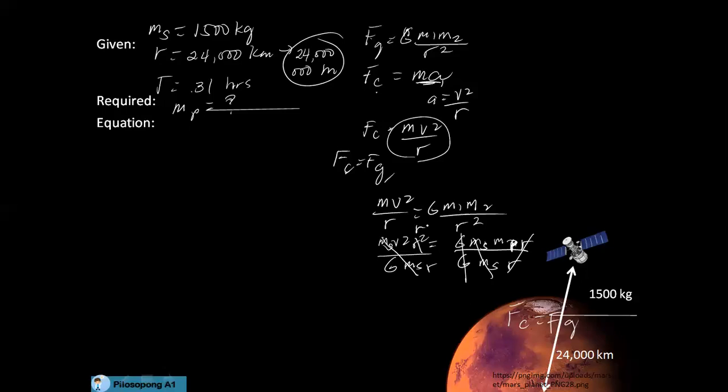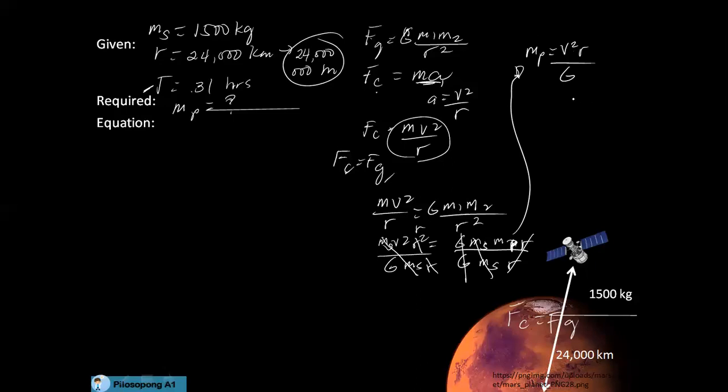And then one r will remain. So we will come up with an equation that is m sub p, the mass of the planet, is equal to v squared r over G. So we still don't have the variable T, so we will continue with our derivation.